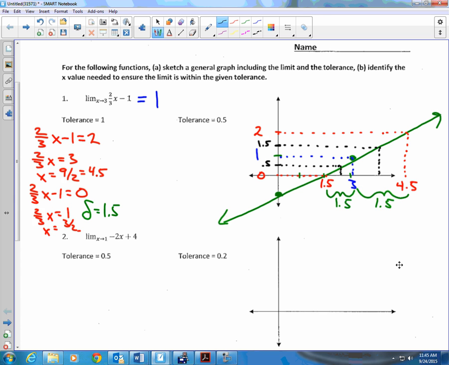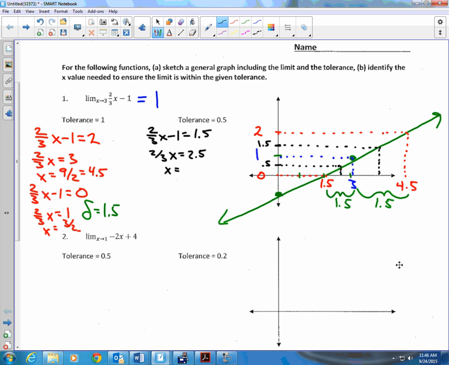You're going to do the problem twice. So now we'll do 2/3 x minus 1 is equal to 1.5. So 2/3 x is equal to 2.5, multiplied by 3/2. What do you get? Somebody calculate it.